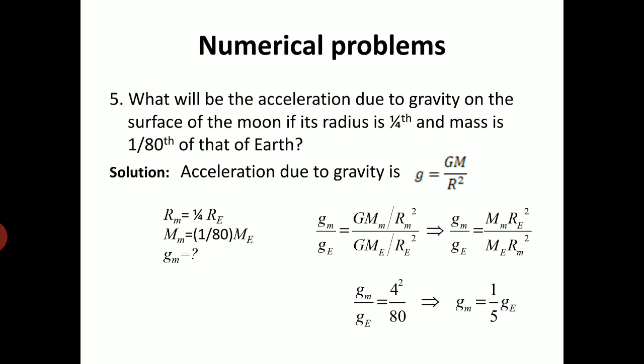We get the ratio of gm, acceleration due to gravity on the moon, to ge, acceleration due to gravity on the Earth, that is 4 square divided by 80, that is 16 divided by 80. It gives the value 1 by 5. Therefore gm equals 1 by 5 ge.